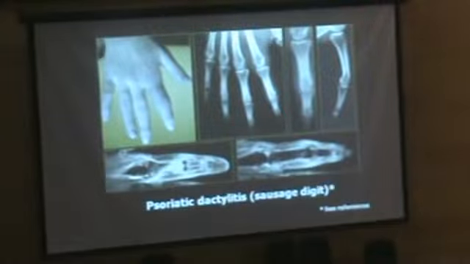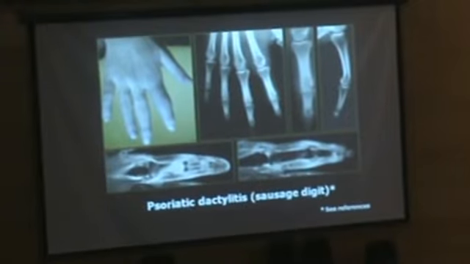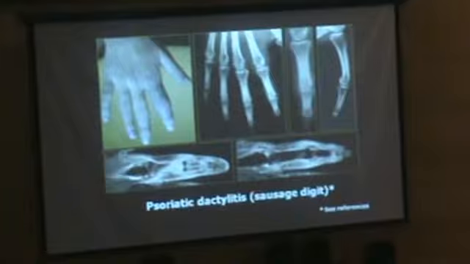But when we see the MRI of the same case, this is a case extract from the literature, we see a very important dactylitis. So this is inflammation in the deep and superficial soft tissues, and we see some features of arthritis as well in the interphalangeal joints. So this is a typical case of psoriatic dactylitis, which is the sausage digit.